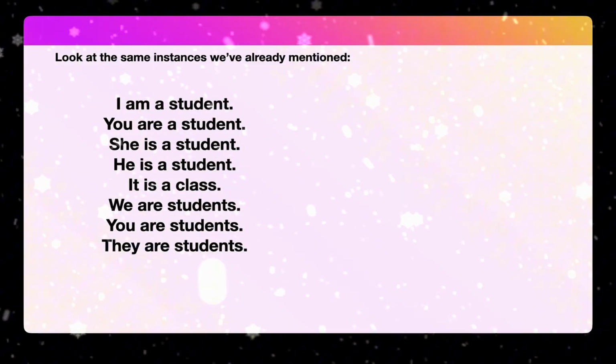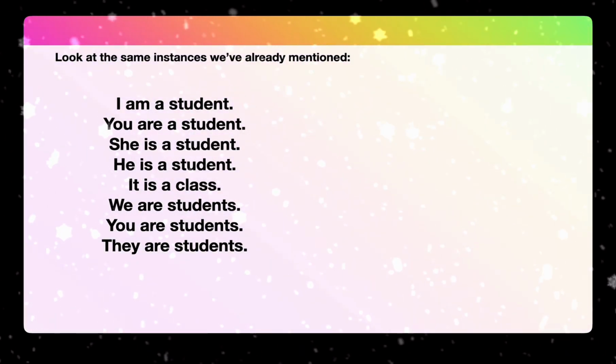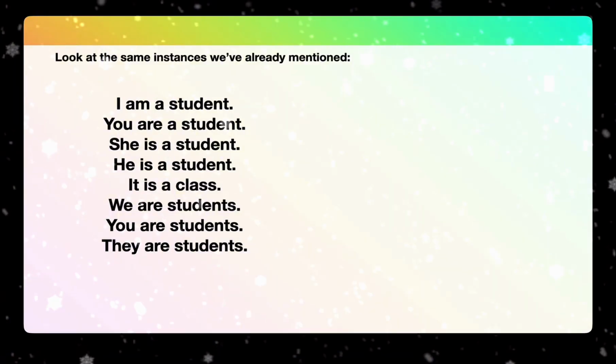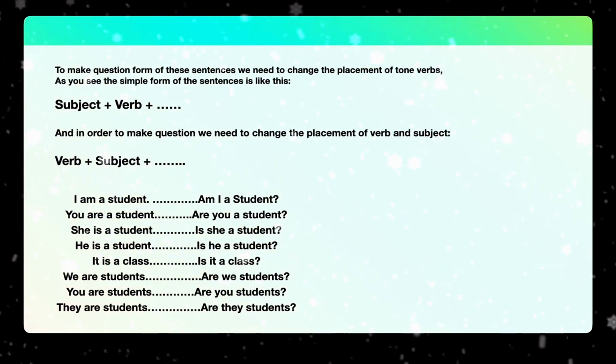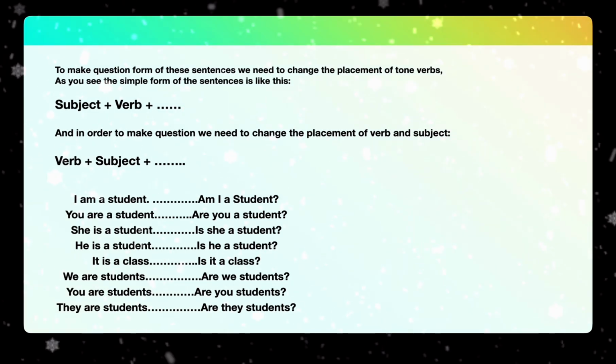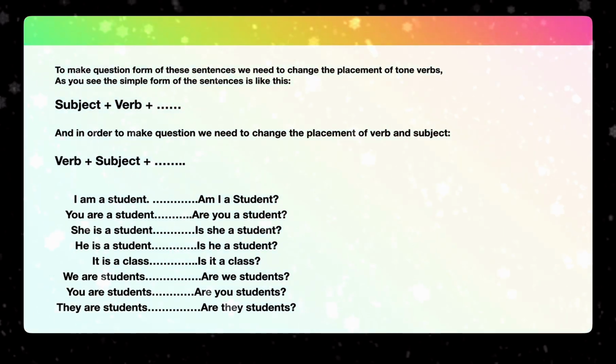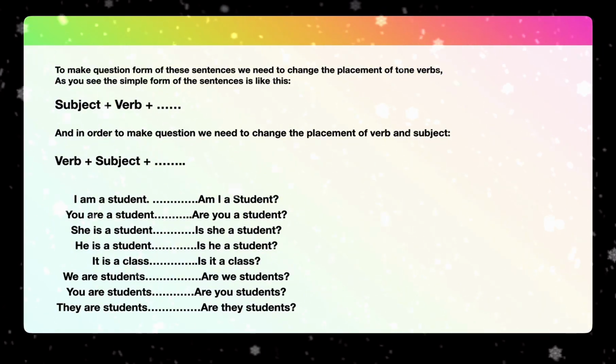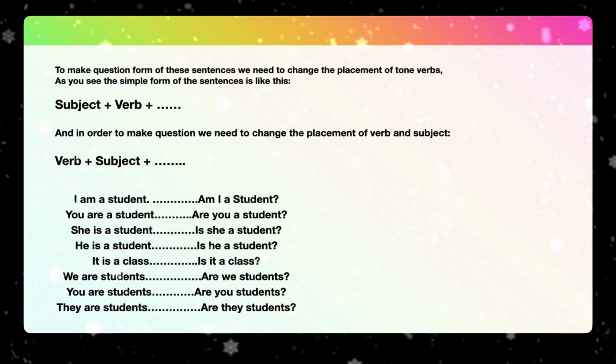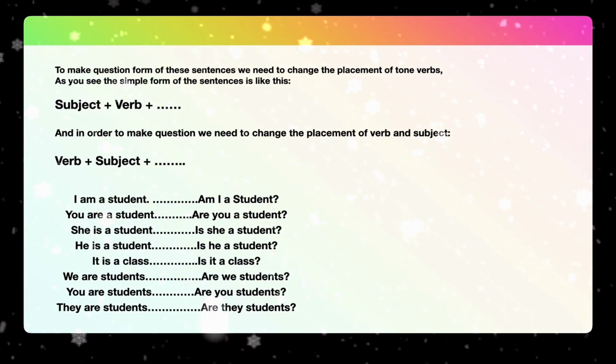As you see in these examples, verbs come after the subject. This is the structure of affirmative sentences. But in question forms, we need to change the placement of verb and subject, just like the examples here. So, to make questions, as you see, we need to change the placement.